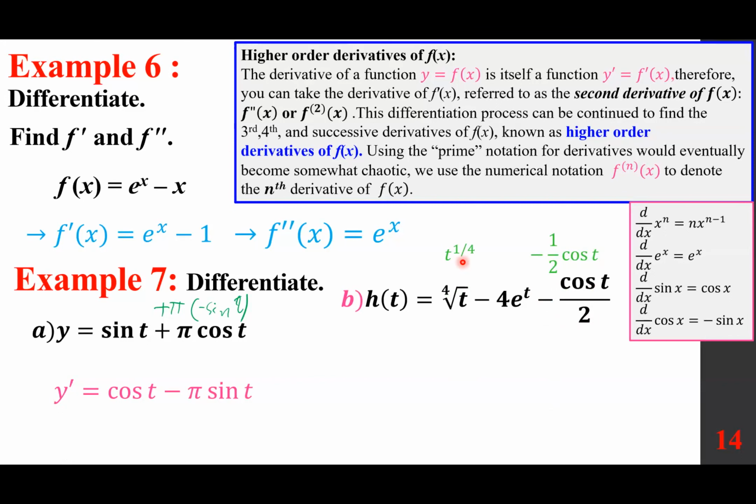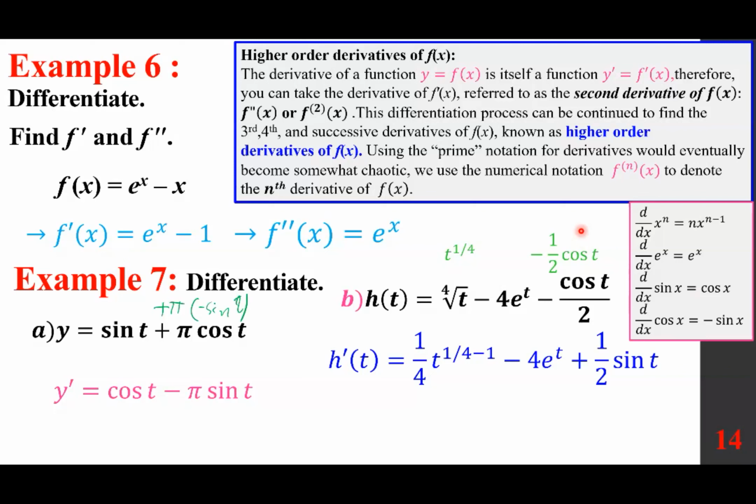What happens here? We get 1/4 t to the power of 1/4 minus 1. This one is itself, minus 4e to the power of t. And this one is minus 1/2 cosine, which gives you negative sine t, so plus 1/2 sine t.